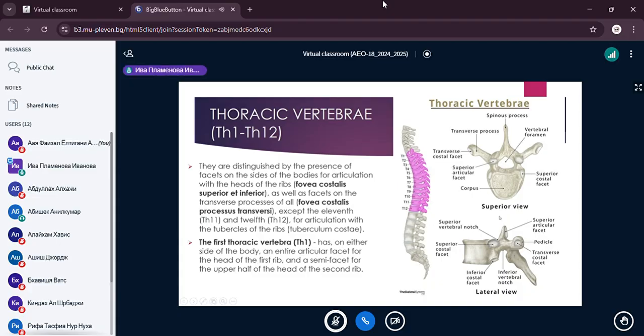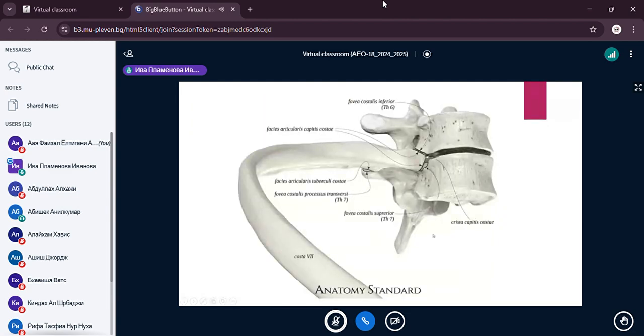On the body, we have superior and inferior articular surface for the head of the rib. And if you see here, that's the head of the rib with two parts, superior and inferior.